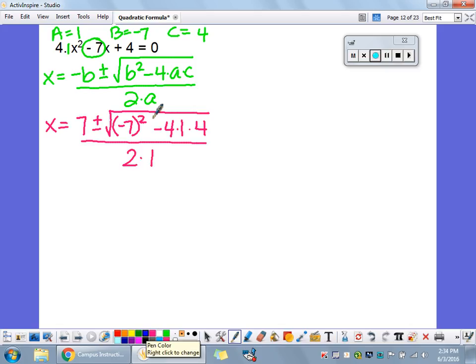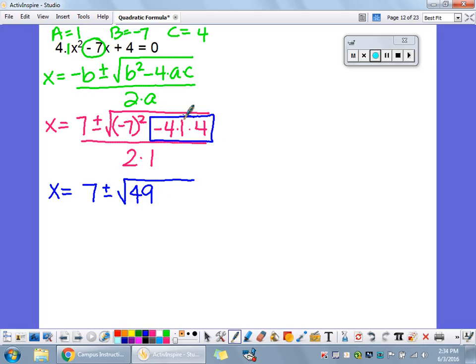Alright, so second step is we're going to start to simplify the discriminant, right? Remember, that's the part underneath the radical sign. So x is equal to 7 plus or minus square root. So -7 squared, remember, anything squared is always going to end up positive, so +49, and then we want to multiply all 3 of these together at the same time.